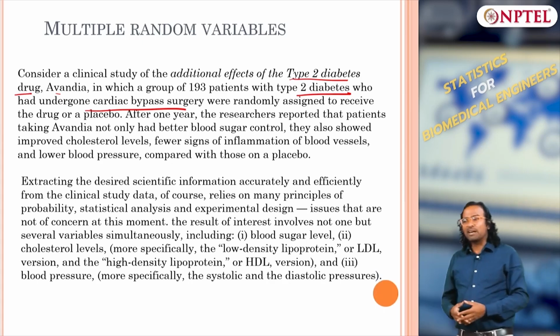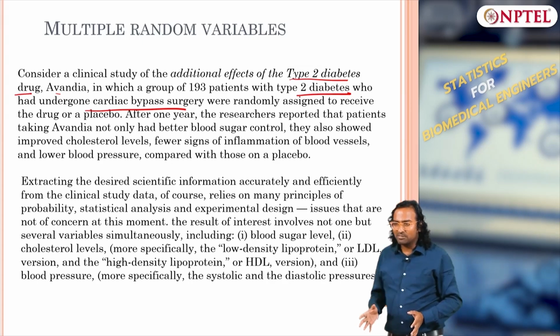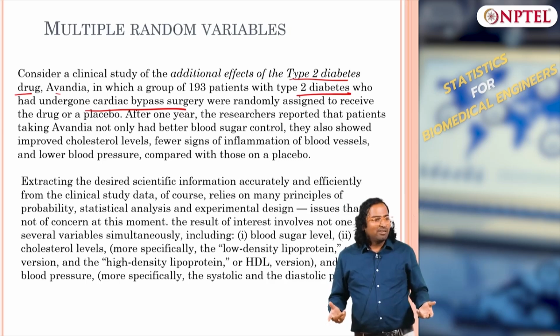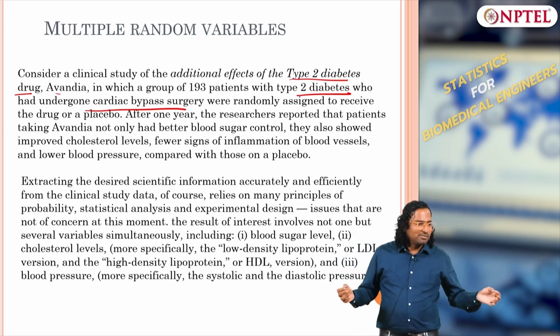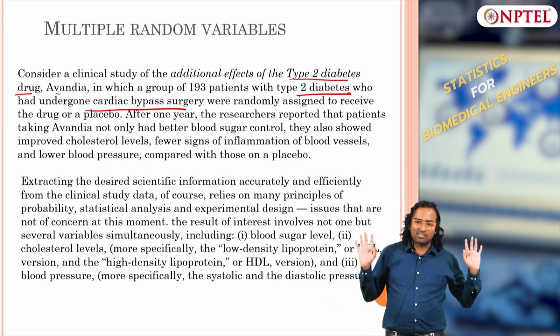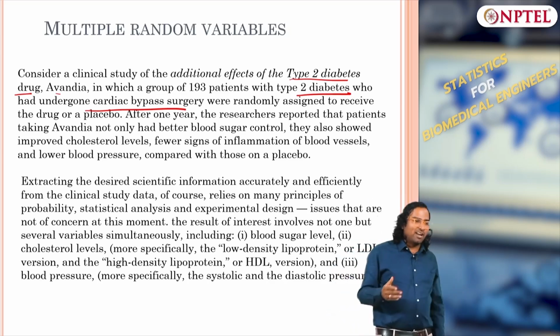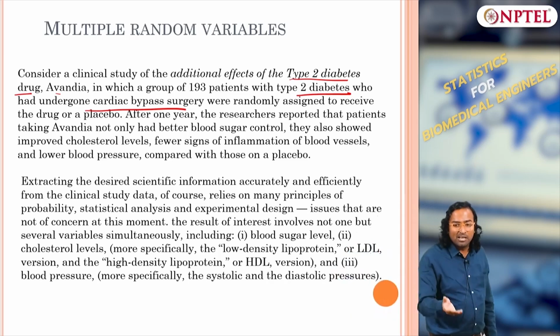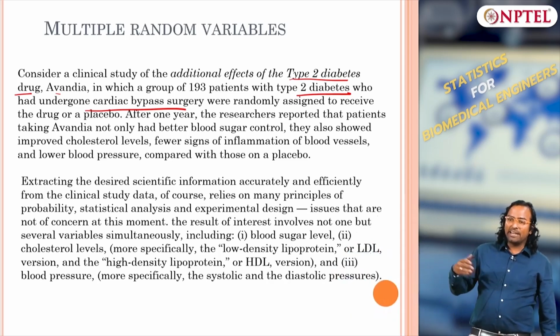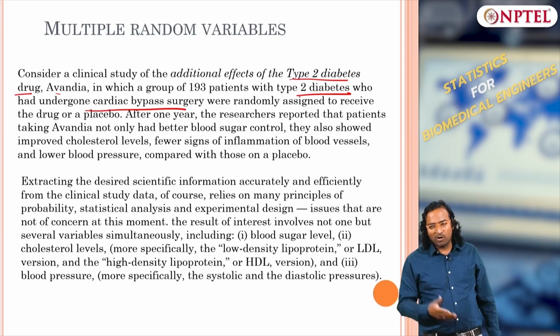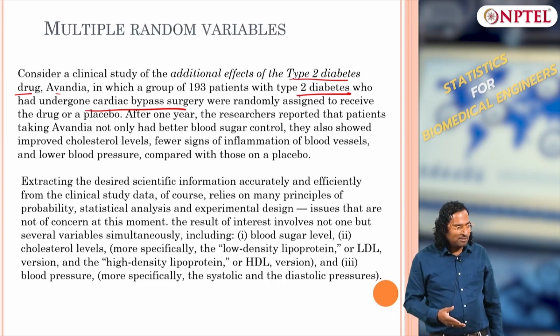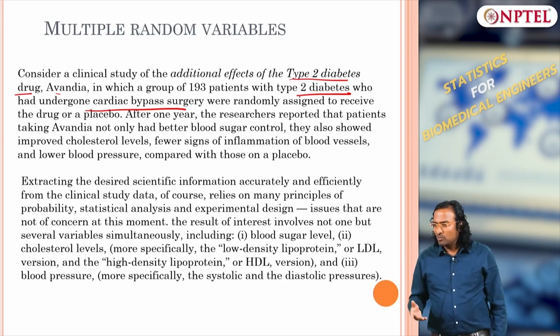So there are multiple random variables, and these are all random variables. As I told you, none of the measurements in the body is constant, all are random. They are also heterogeneous even for a single person. If you eat and then take sugar levels, that is different from the fasting case. The same goes for fat contents as well.